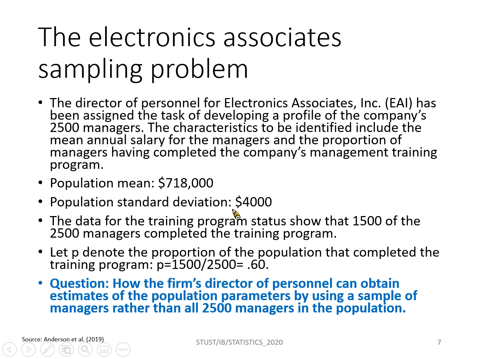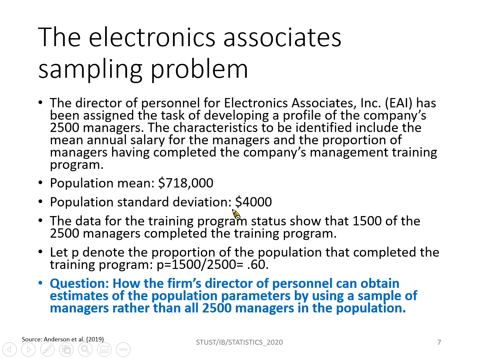It would be very easy if you have the 2,500 managers' profiles and information. From the information in our textbook, we can know the population mean is around 780,000 and the population standard deviation is 4,000. And the data for the training program status show that 1,500 of the 2,500 managers have completed the training program.